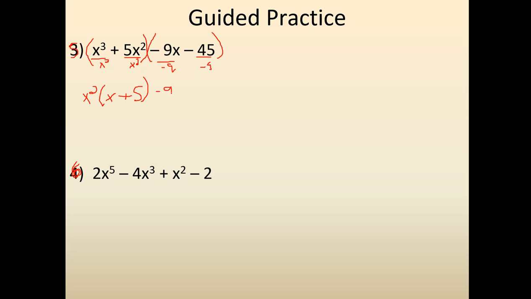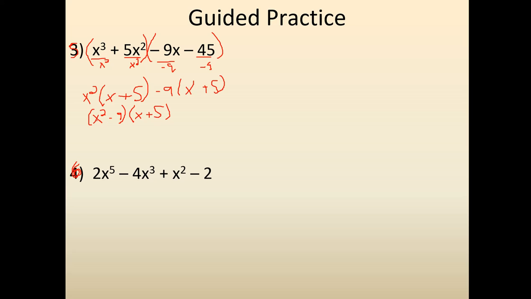So negative 9, this would leave me an x. Negative 45 divided by negative 9 is plus 5. So I end up getting x squared minus 9 times x plus 5.